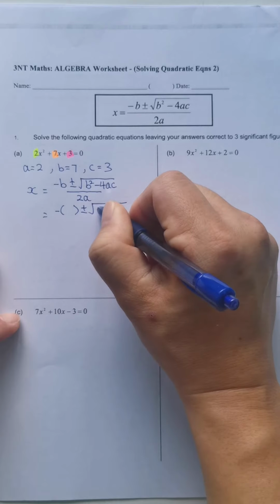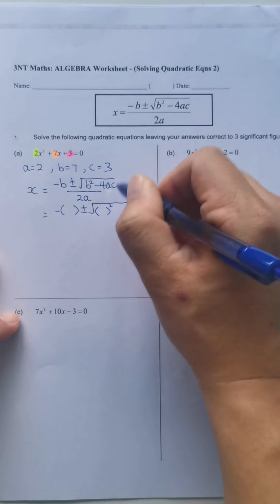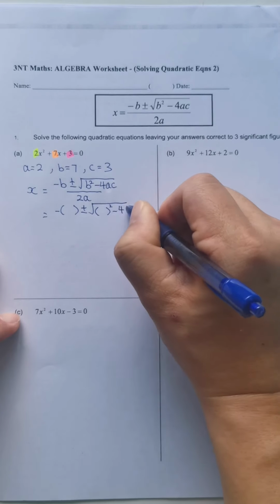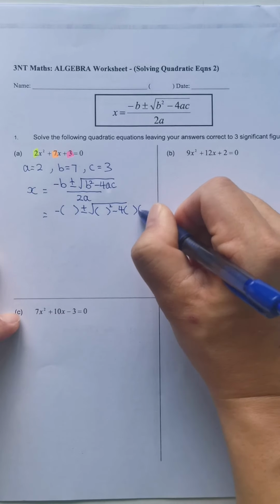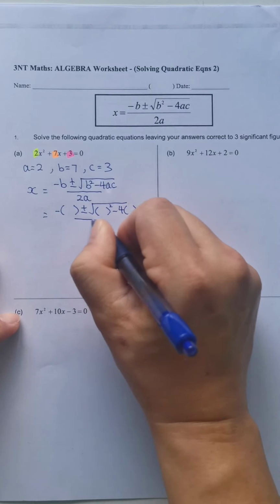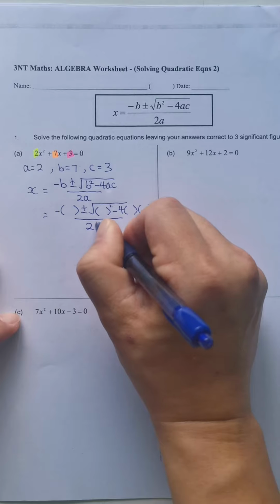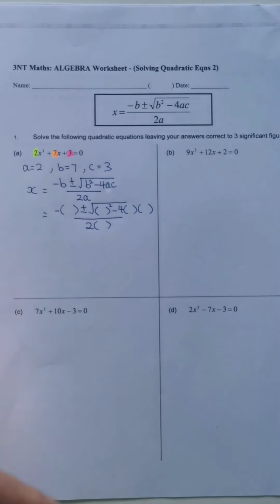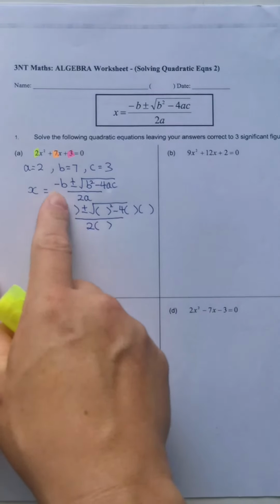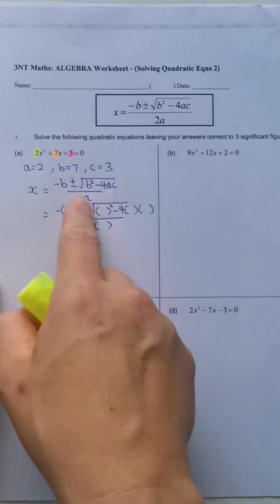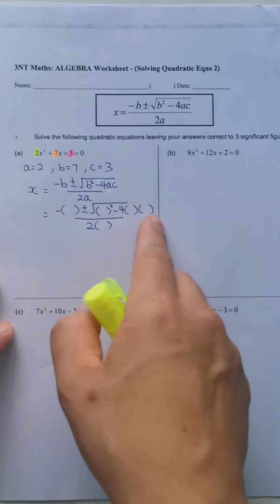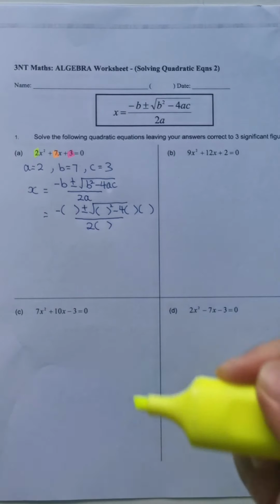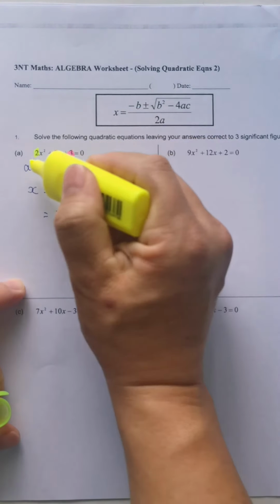So we have b squared, so for the b, I put a bracket first. For a, I put a bracket, and for c, I put a bracket. And I divide by 2 and a bracket. So I have changed all my variables in the formula into brackets.